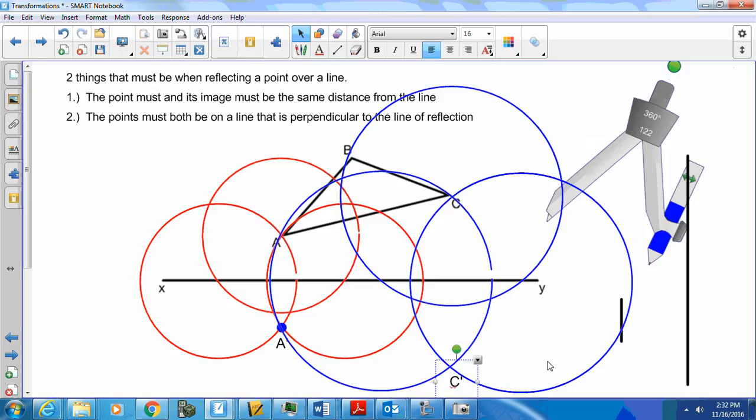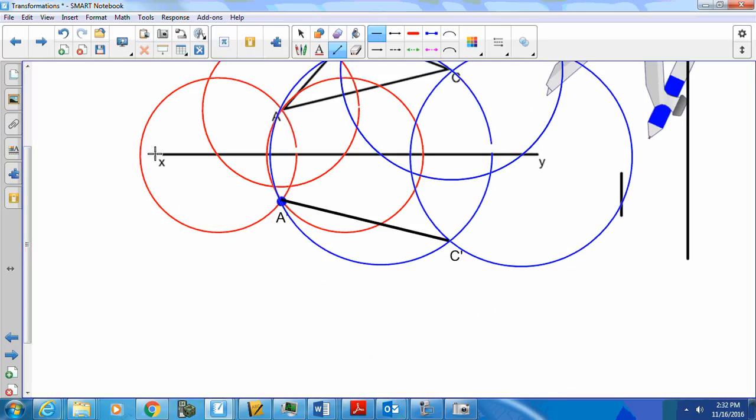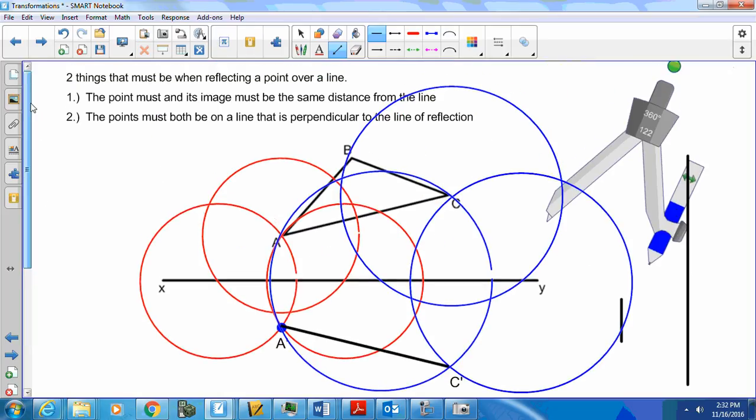That's my C prime. Then I connect these two, and I'd have to do the same thing for B prime, which would land me somewhere down here, connect them, and it is reflected. So that's how you do a reflection. That's how I taught you to do it.